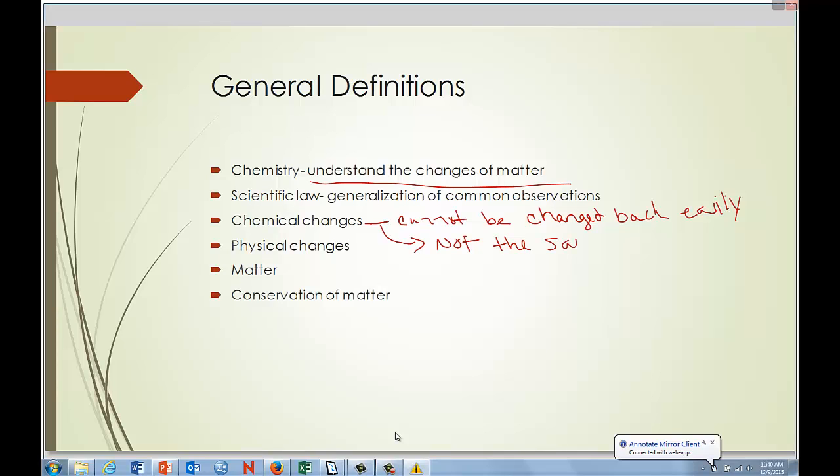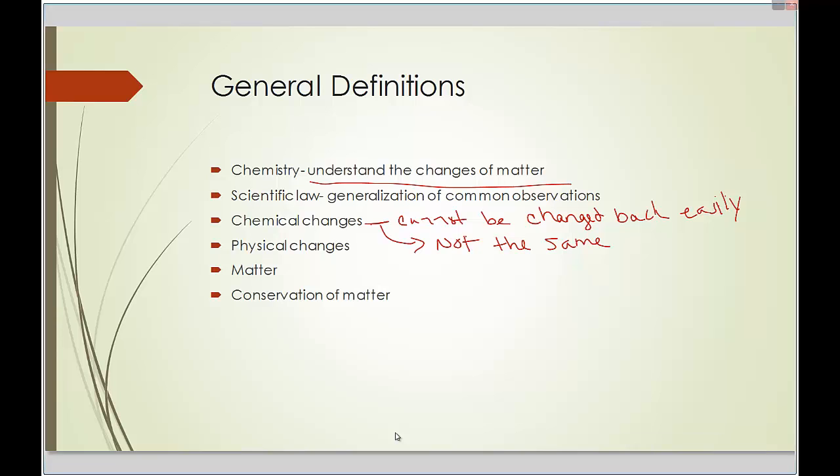To give you some examples, for instance, ice. If you take ice, put it on the counter, and it melts, you can change it back pretty easily. You can put it back in the freezer and make it solid again, and it's back to ice. Whereas if you fry an egg, you cannot unfry an egg. So therefore, that's a chemical change. So if you can't reverse something, at least not very easily, or if it's not considered the same thing when you're done, then it's considered a chemical change.